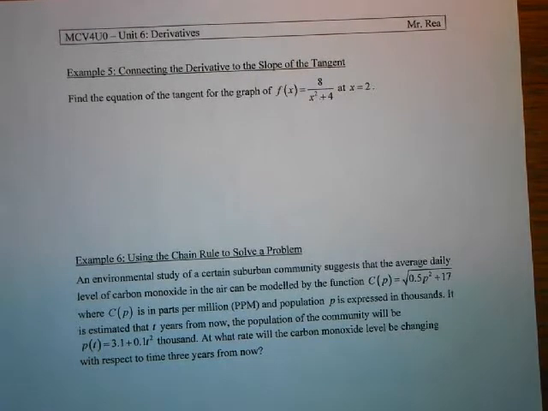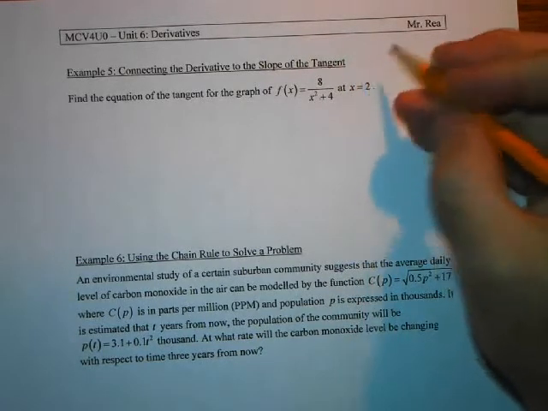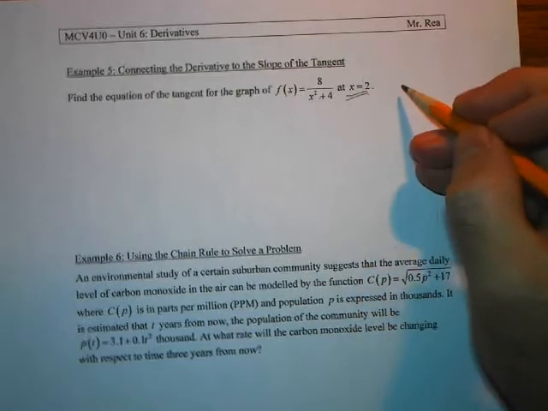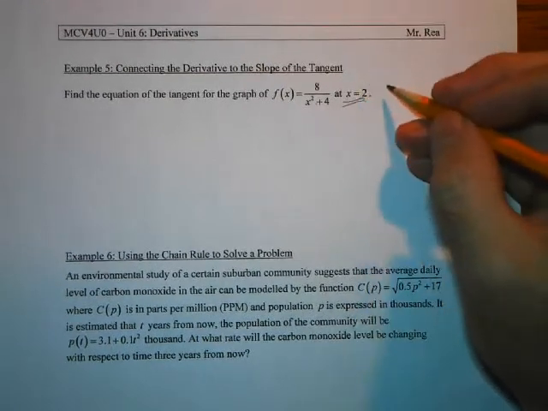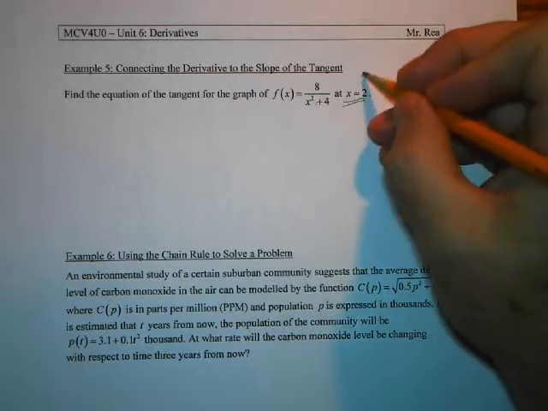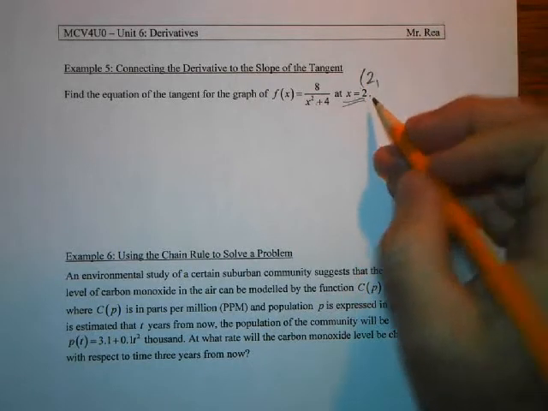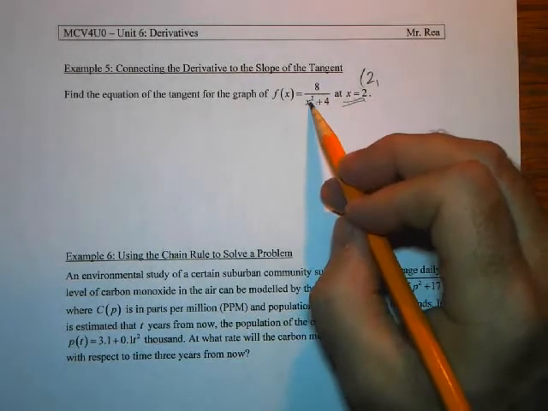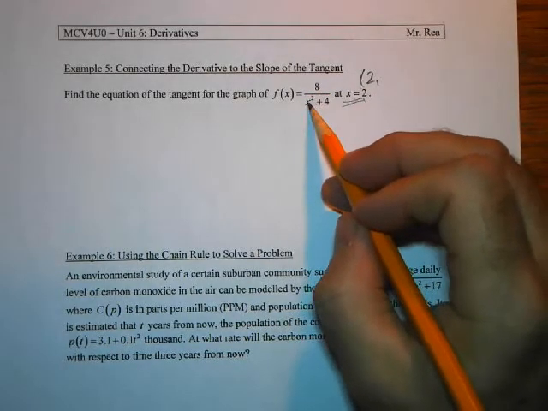Okay, so first thing I'm going to do is just figure out, because I know I'm going to have to plug this point in to get the value of b later on. So that point, I know the x value is 2, they told us that, but if you plug in x equals 2 here, you get 8 over 2 squared plus 4.